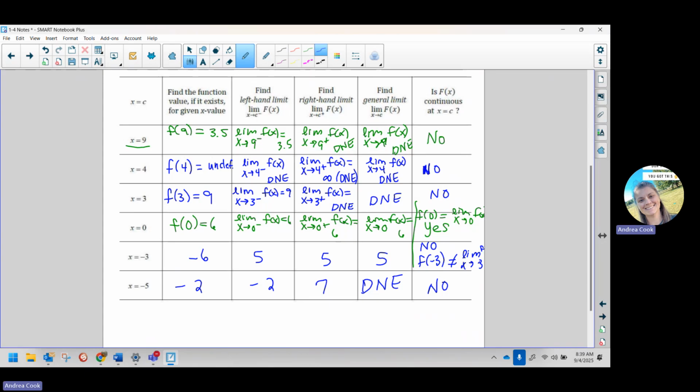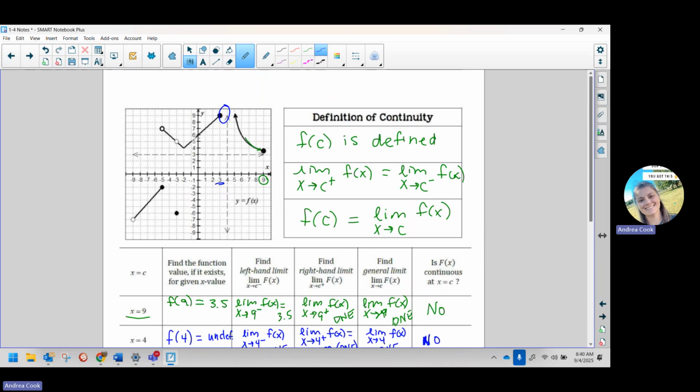So you better tell me what the value of the function is, what the limit is, and show that they're the same. If the answer is no, it's not continuous, I need one of these, you can't just say, no, it has a hole. No, it has an asymptote. That is not a correct answer. It has to be one of these 3 things as the reason for it being no.